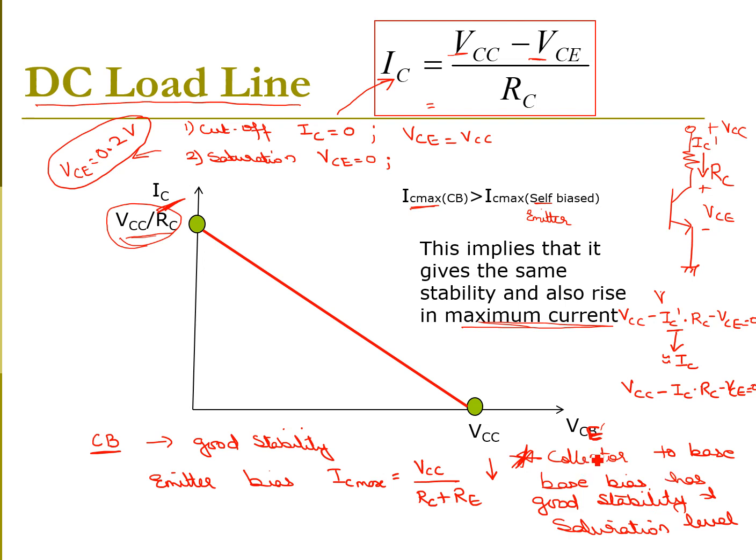But since in all the three biasing circuits, that is fixed bias, emitter bias and collector to base bias, only temperature stability was taken into consideration. There was no consideration of what happens if the beta stability comes into the picture.